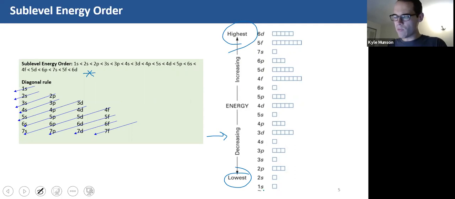And remember, for each one of these sublevels, depending on the type of sublevel it is, there's a corresponding number of orbitals. So for the 1s sublevel, there is 1 s orbital, and each one of these boxes represents an orbital. Same idea for the 2s sublevel: there's 1 s orbital. Now for the 2p sublevel, there are 3 p orbitals. Remember the px, py, pz.